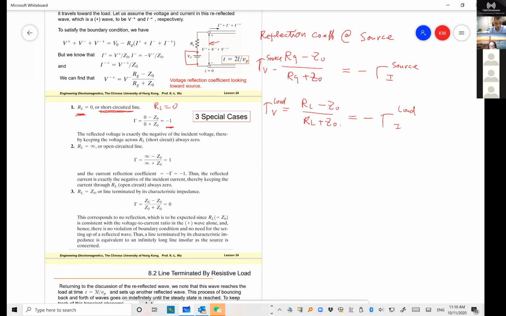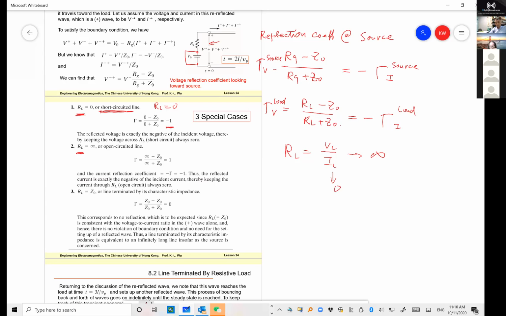Another special case is when the load is infinitely large. The load equals the voltage divided by the current, so when this goes to infinity, the current goes to 0.